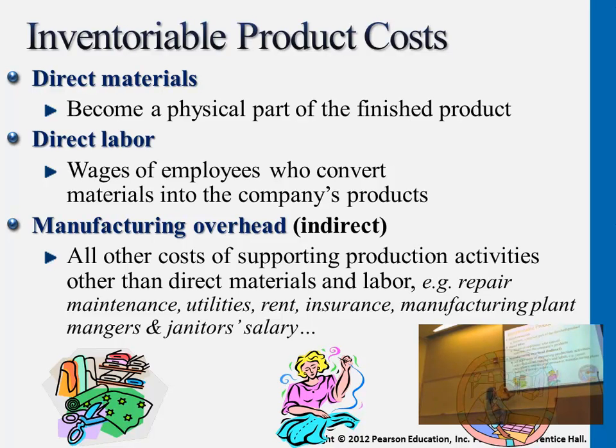Other indirect costs: repair and maintenance for those machines you see in the factory that produce multiple lines of products, utility, rent, insurance, all these costs incurred that help the production side but can't easily be traced to one specific product. Consider them in the third category, manufacturing overhead.